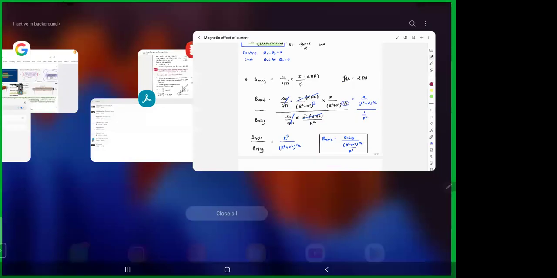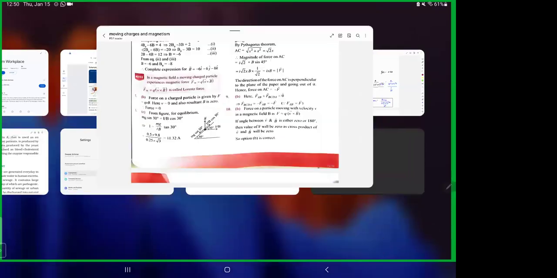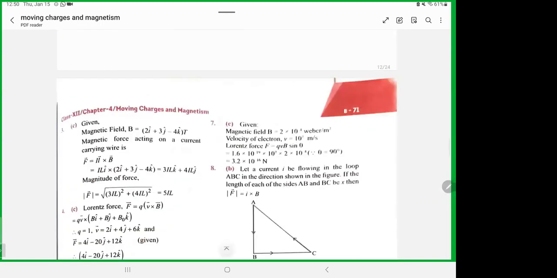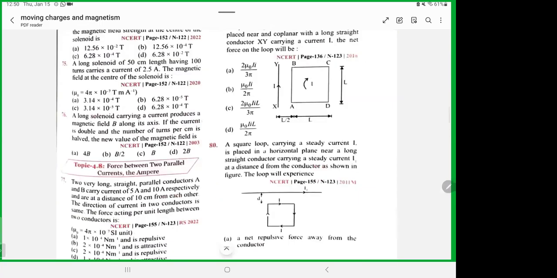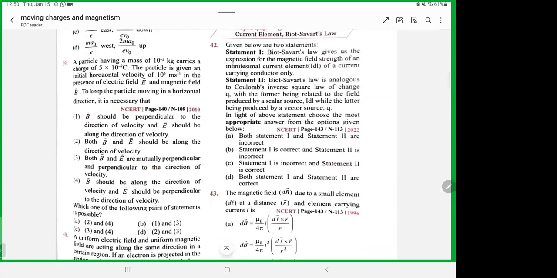If you don't have any doubt, we can solve this topic in 2022. Question 42: Biot Savart law gives us the expression of the magnetic field strength of an infinitesimal current element of a current carrying conductor only.